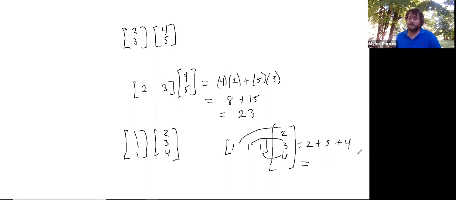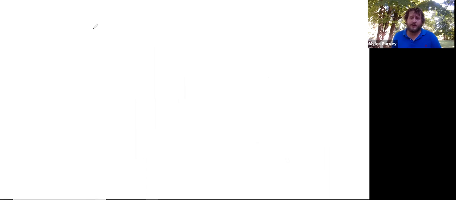which gives us 9. So I don't know if you've picked up on this yet, but you can actually represent linear equations in terms of inner products. So if we have, let's say, 2x1 plus 3x2 minus 4x3 is equal to 2, then you'll notice that I have a whole bunch of coefficients, and then I have a whole bunch of variables.